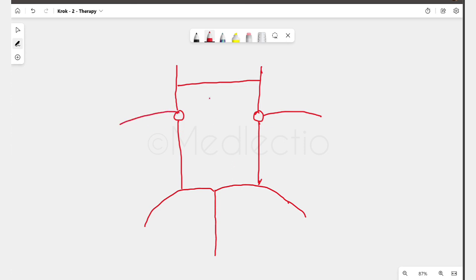So you will see something like this, a network. I will show you in a real image, but first you need to know the names. This is our internal carotid artery. This is our vertebral artery. This is our basilar.